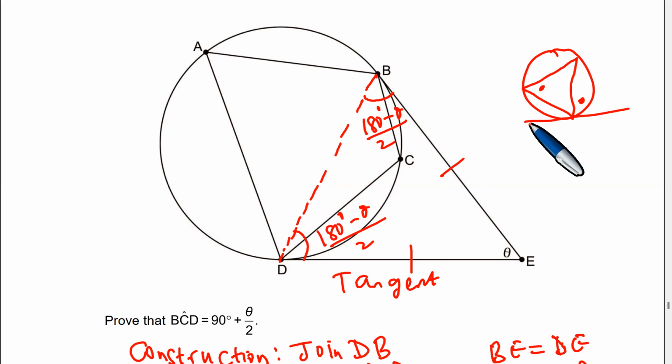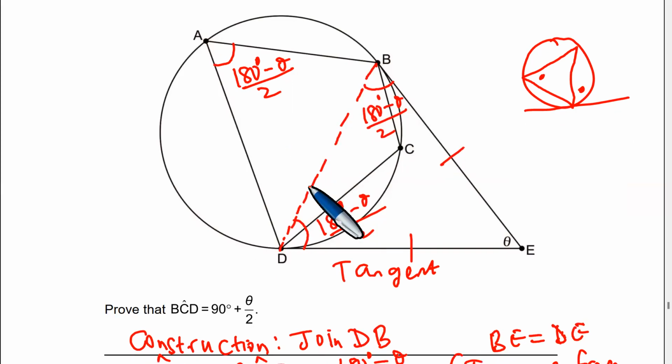So this angle here must be equal to that angle there, which means angle A also must be equal to this angle here, because the angle between a tangent to a circle and the chord equals the one in the alternate segment. So it is actually 180 degrees minus theta over 2.